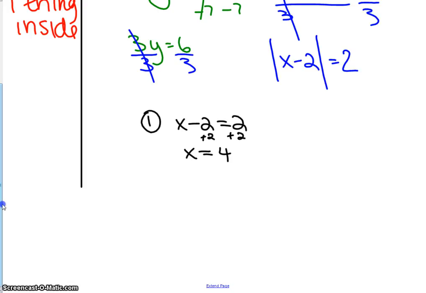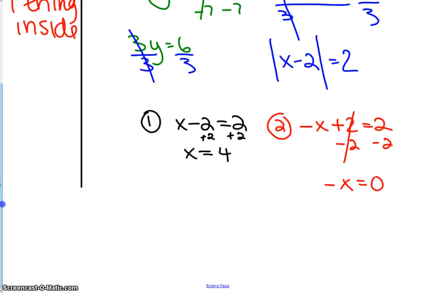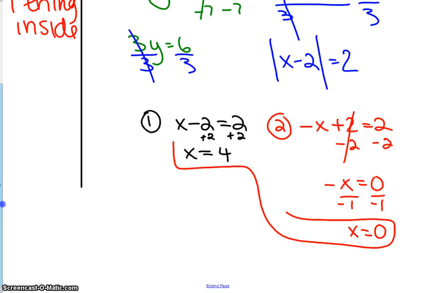The one we have to be careful of, again, is the second one. Opposite of the inside. So opposite of x, so change the x, opposite of the negative 2. Okay. And now what we do need to really be careful of is when I'm solving this one to make sure we don't lose that minus sign. You know, in this case, it doesn't really affect us because 0 divided by anything becomes 0. But there then are my 2 answers.